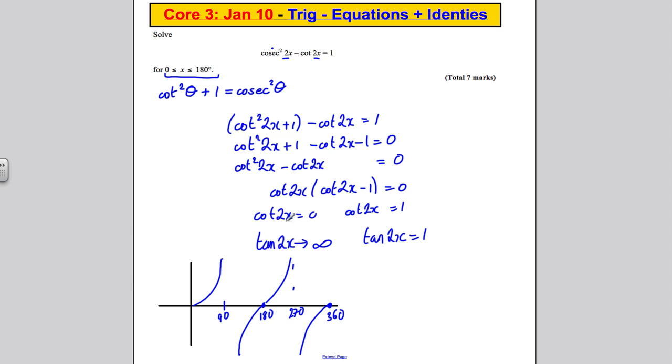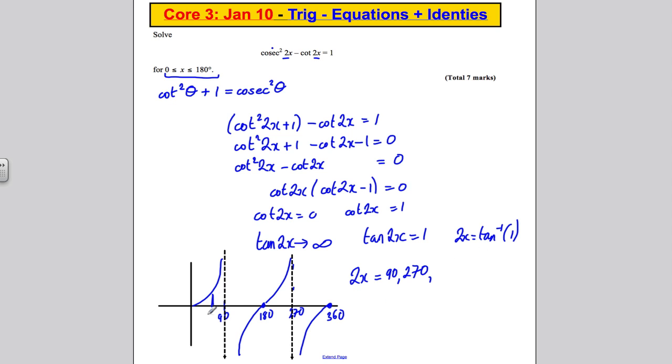So we're getting various solutions. Where is the tan graph approaching infinity? Well, it's approaching infinity at 90 and at 270. So therefore, from here, 2x is 90 or 270. And where is tan 2x equal to 1? Well, 2x would therefore be the inverse tan of 1, which is 45.